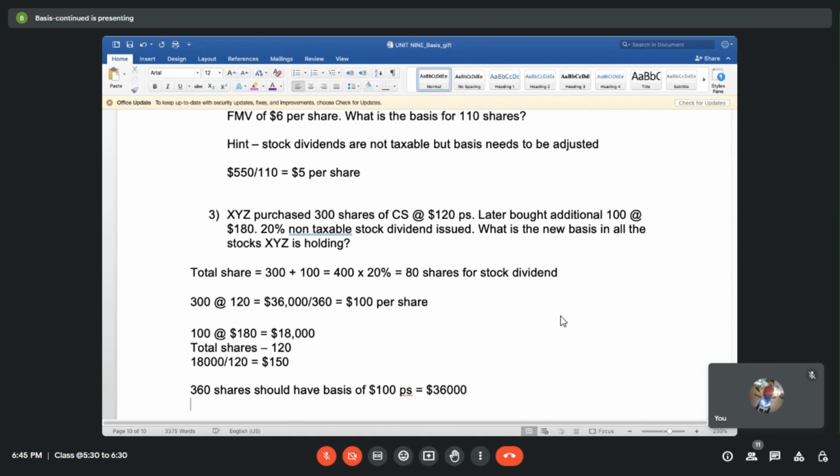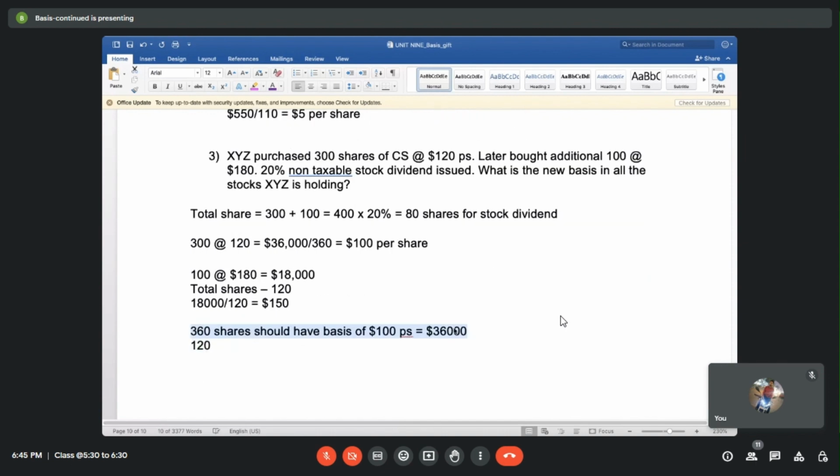Now 120 shares. The amount will remain the same. So 120 shares should have a basis of 150 per share. So how much does that come to? 18,000 again. That's what we are saying, because this is a non-taxable stock dividend.